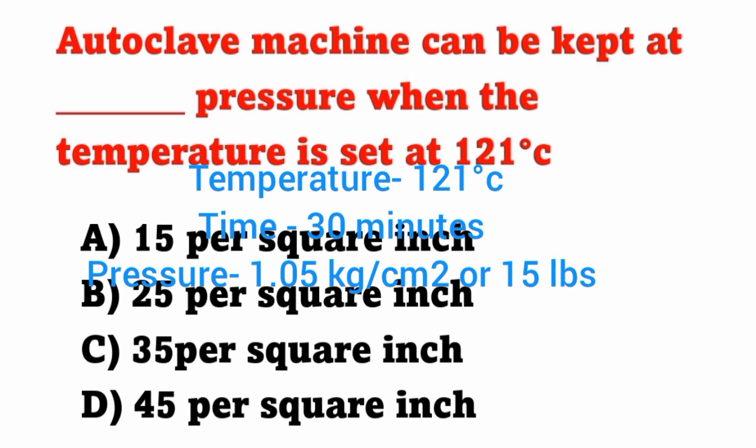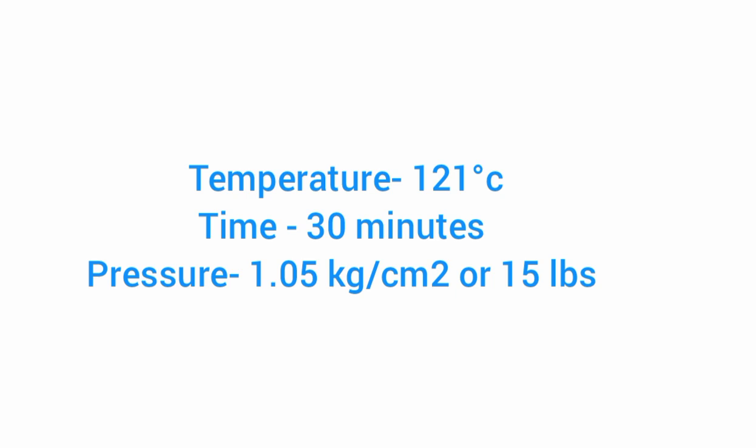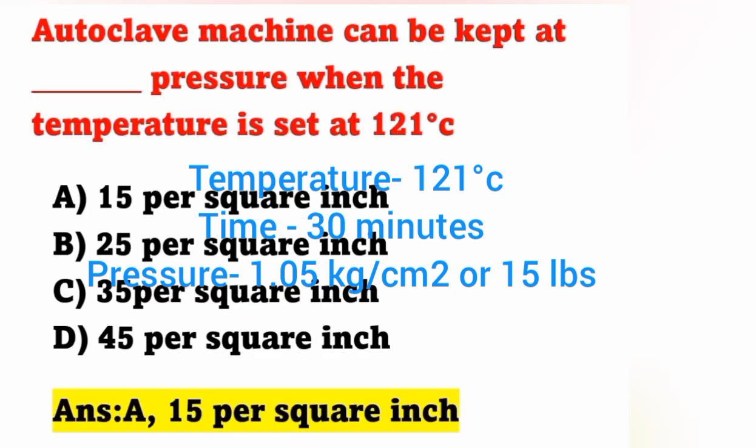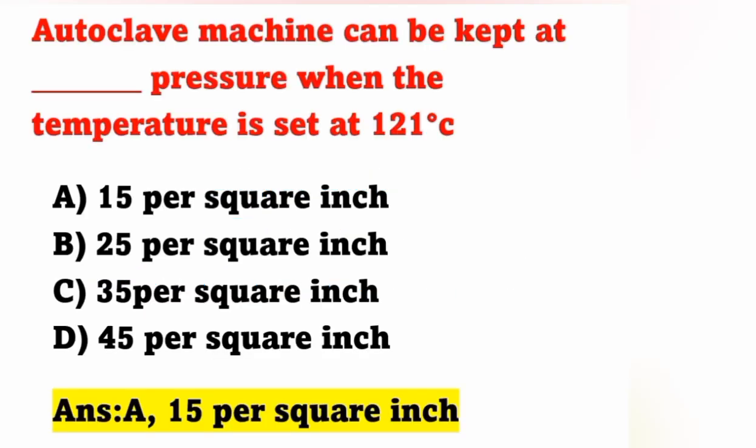The temperature is 121 degrees Celsius, the total time for autoclaving is minimum 30 minutes, and the pressure is 1.05 kilogram per centimeter square or 15 lbs. Here our correct answer is option A, 15 per square inch. The autoclave machine can be kept at 15 per square inch pressure when the temperature is set at 121 degrees Celsius. Move on to the next question.